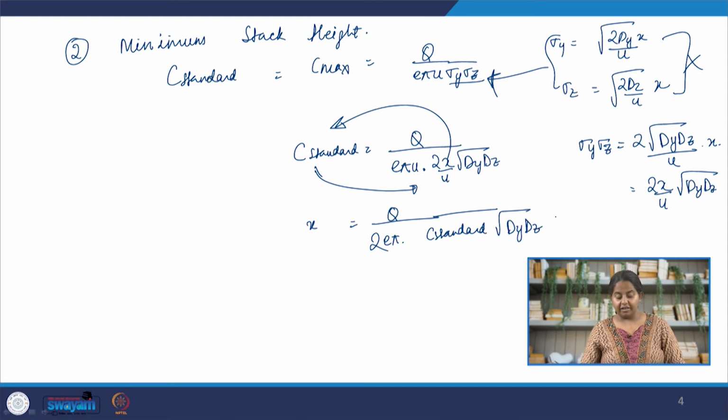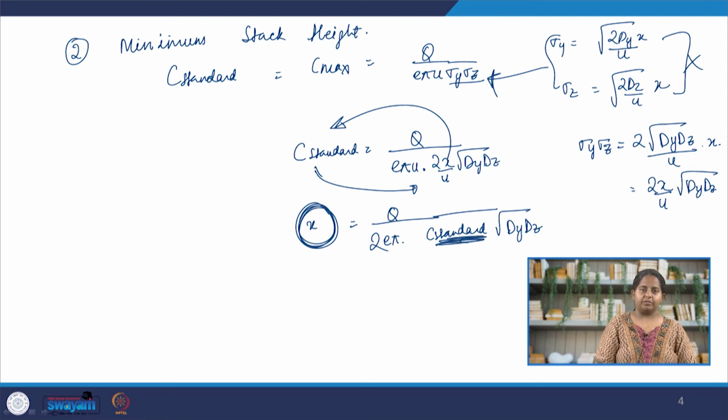So this is where the maximum concentration will be. Now we have found the location where the maximum concentration of the contaminant will be, and the maximum concentration is the permissible air quality standard.